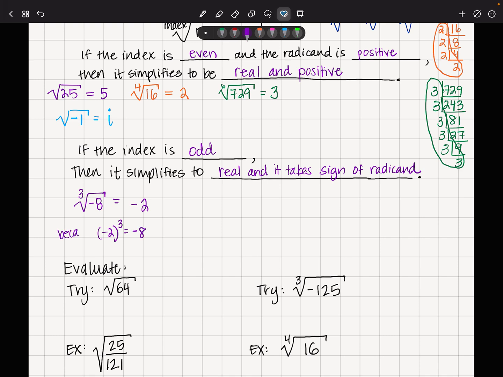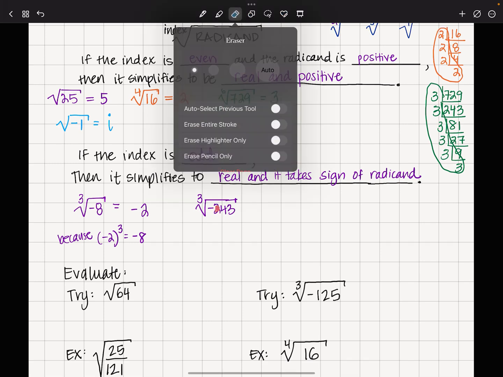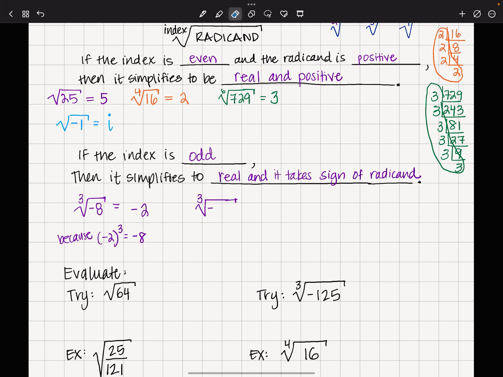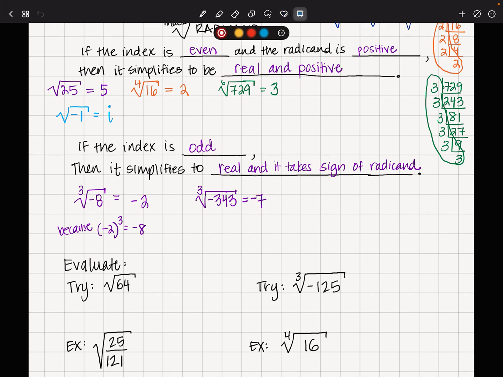Then we've got the cubed root of -343. The cubed root of -343 is equal to -7, so that you get a negative times itself 3 times, which gives you that -343.